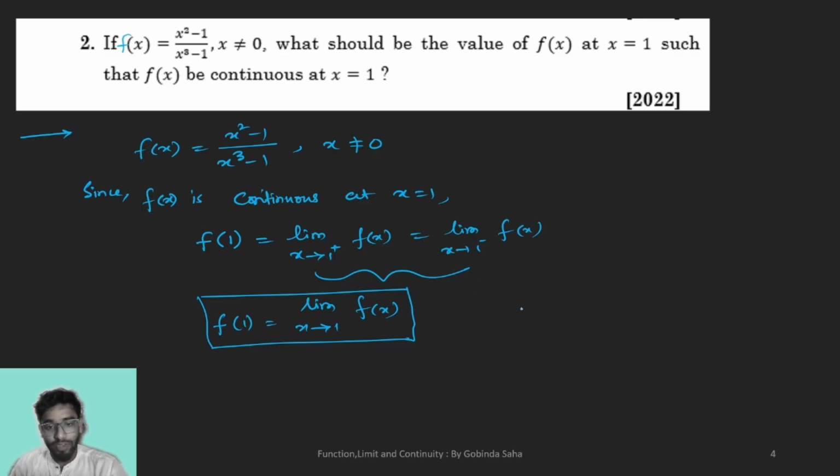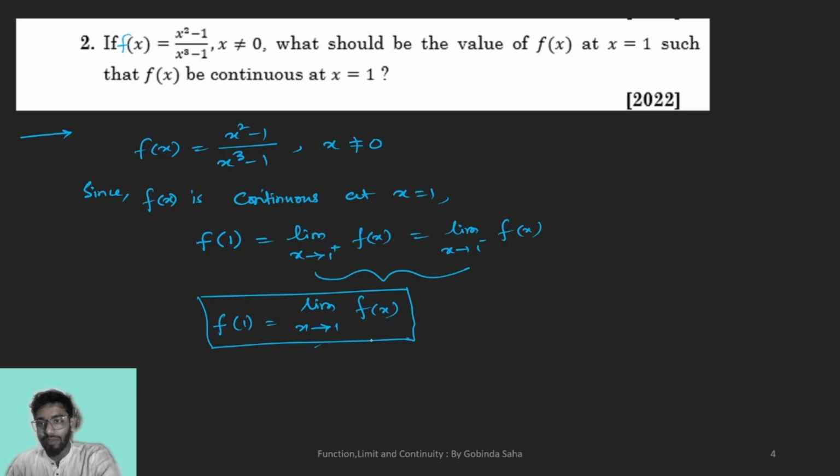So since our function is continuous at x equals 1, our f of 1 is the same as the limiting value of the function when x is approaching towards 1. So let us find this limit, and this is going to be our f of 1.